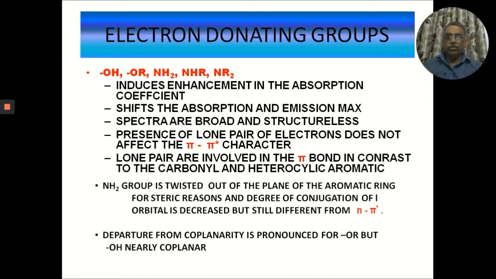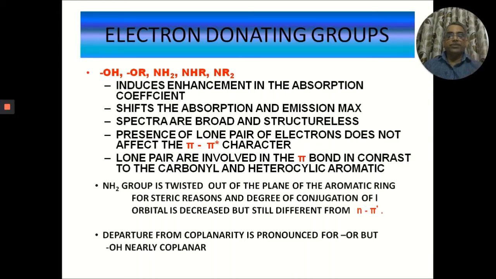So you can have an enhancement in the absorption spectrum and a shift in the absorption and emission maximum. You can really see broad absorption and emission spectra, and you can have a charge injection into the pi electron cloud, and that gives you the structureless broad emission.